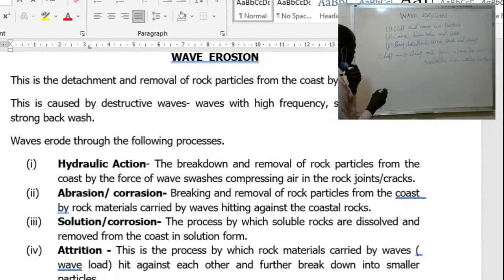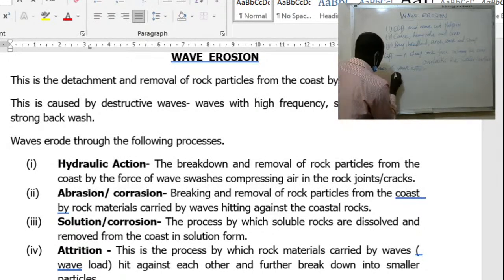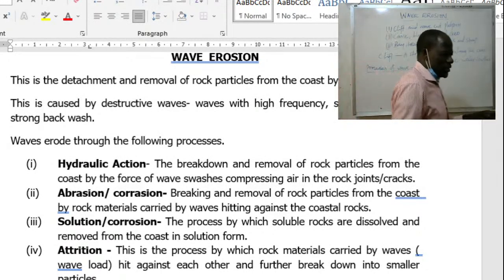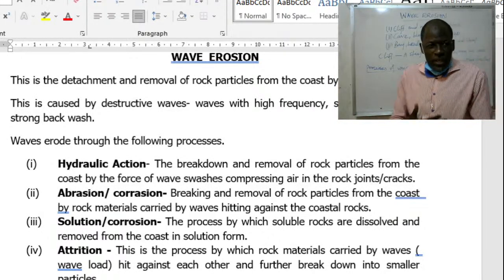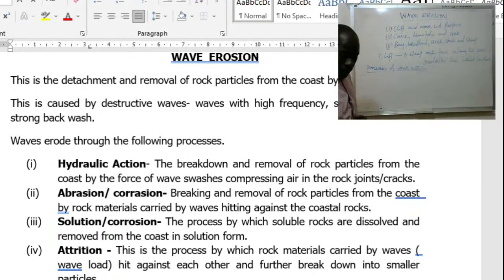Wave erosion takes place through processes. We'll explain these ones. So the processes of wave erosion, let's put this one down here first. Waves don't just erode in the same way, they erode in different ways. So there are basically 4 processes.